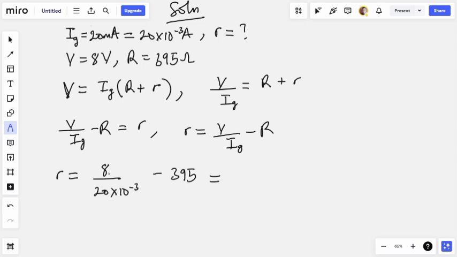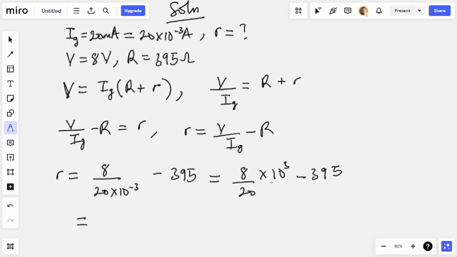This equals 8 over 20 times 10 raised to the power of minus 3, minus 395. This 10 raised to the power minus 3, we take it to the numerator and it becomes 10 raised to the power positive 3, by the law of indices.